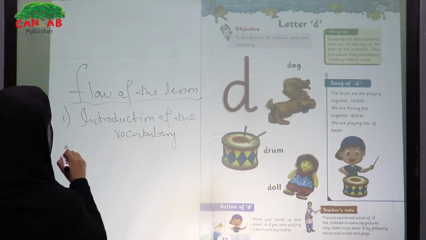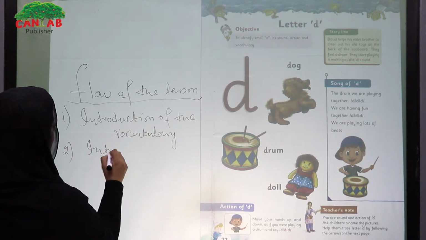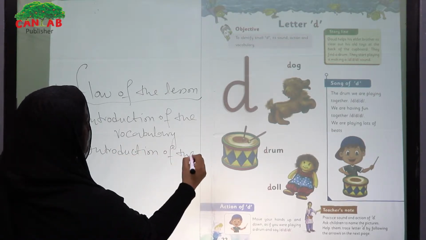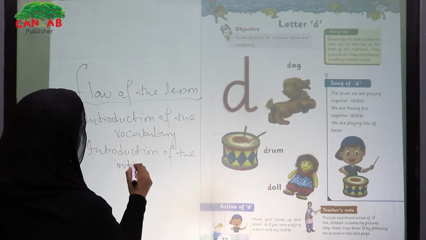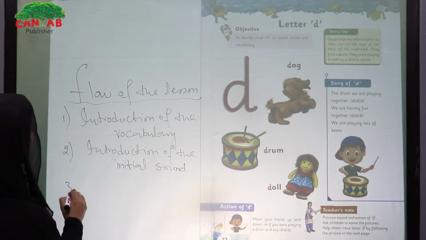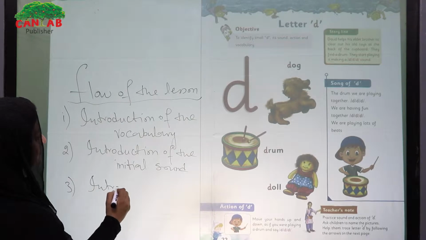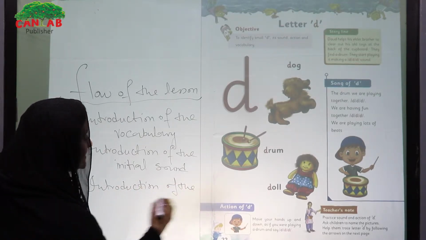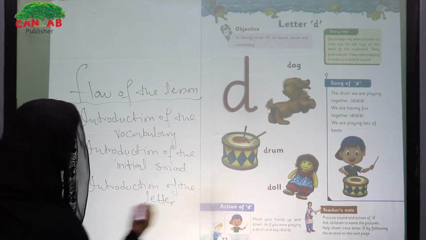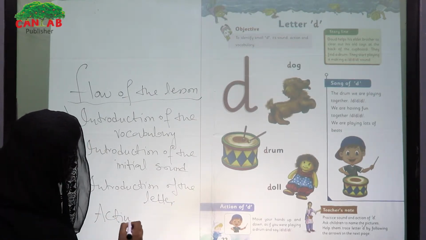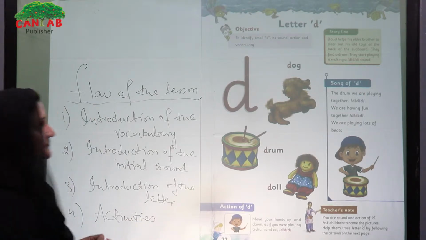Then there should be the introduction of the initial sound, and then there should be the introduction and formation of the letter, and finally we have to go for the activities. So let's start our lesson.